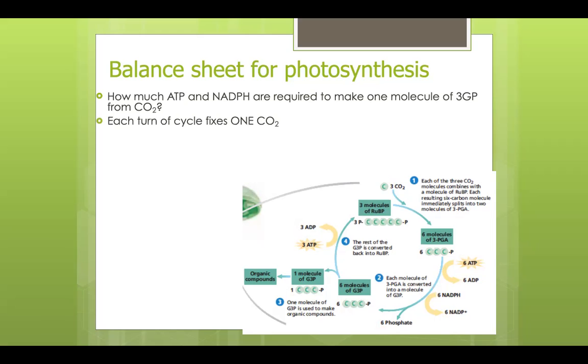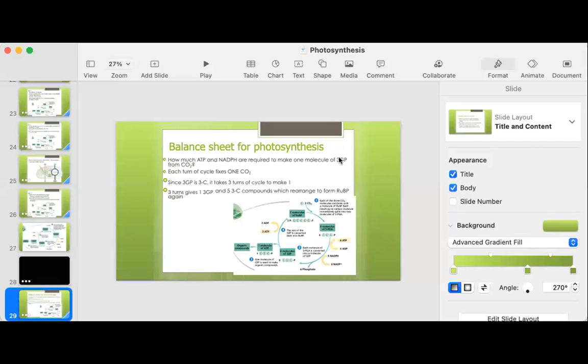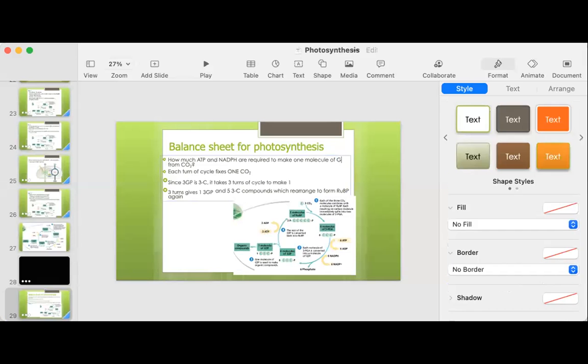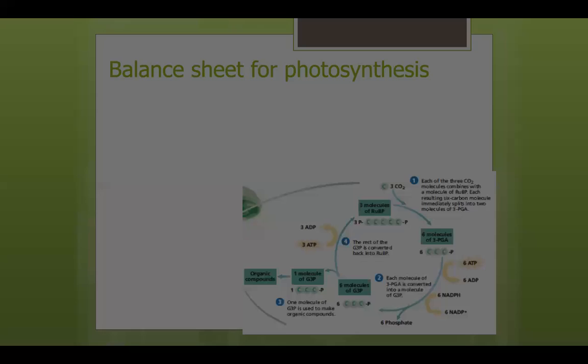Each turn of the cycle will fix 1 carbon dioxide molecule, but just like in the video, we talked about there being many versions of this cycle happening at the same time. Yeah, it's got to be G3P. Let me just change that, because the other one's 3PGA.